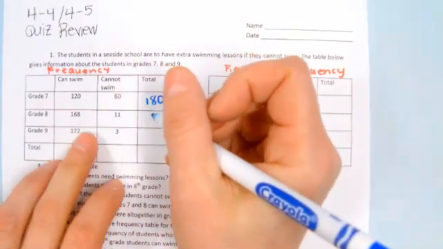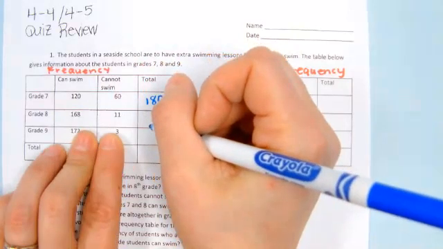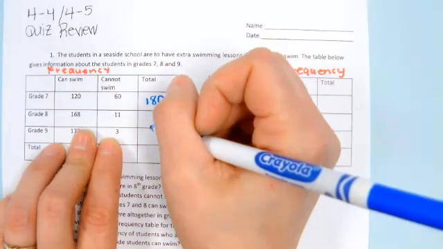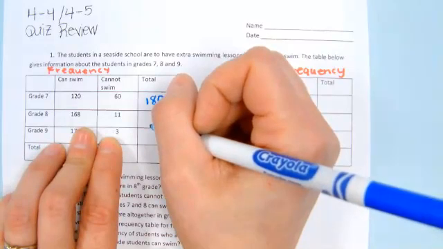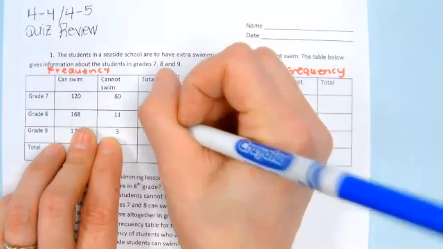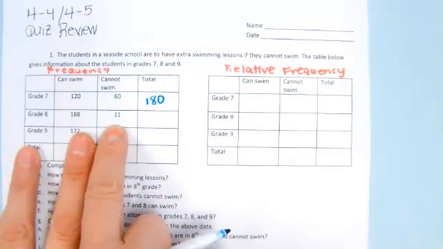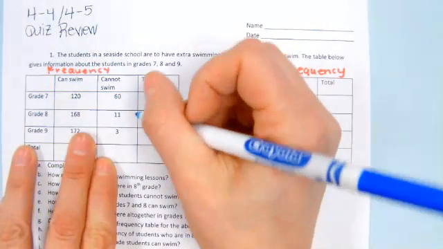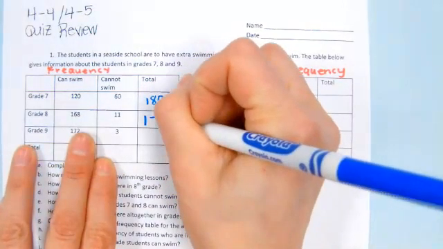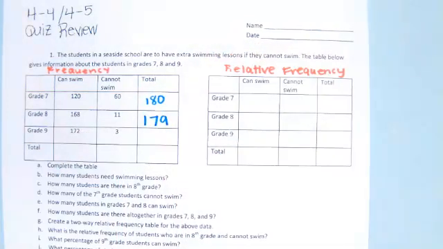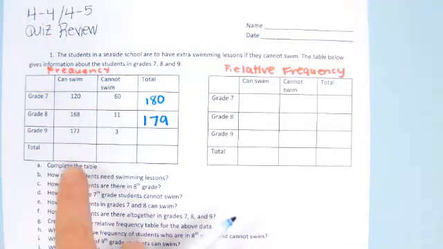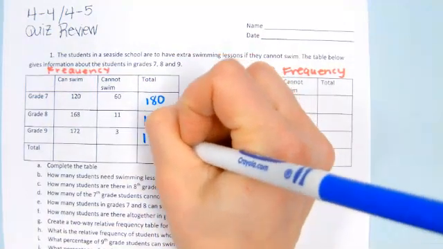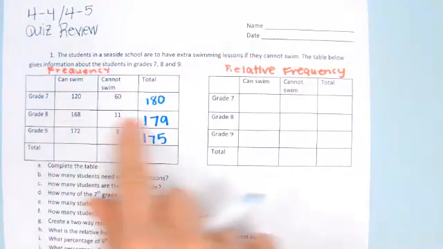Duran, go ahead. 168, then add 11. It's a 9, 179. Okay, next. Grade 9. Jeffrey, go. 175. So all we're doing is adding across this way.